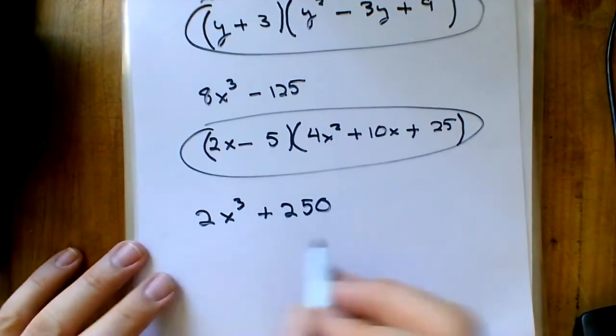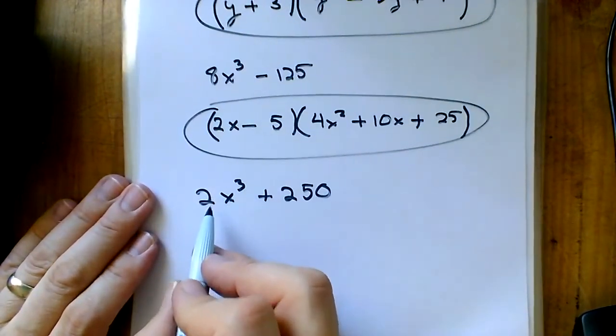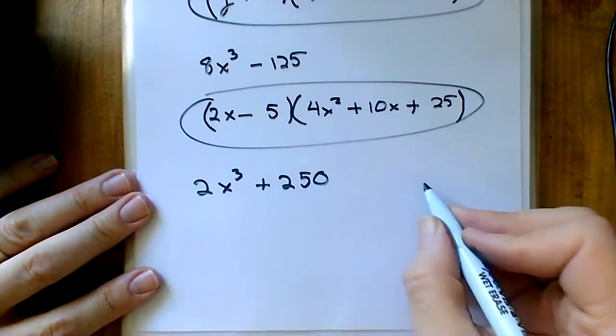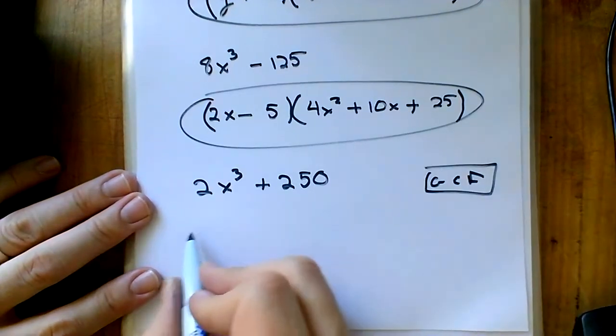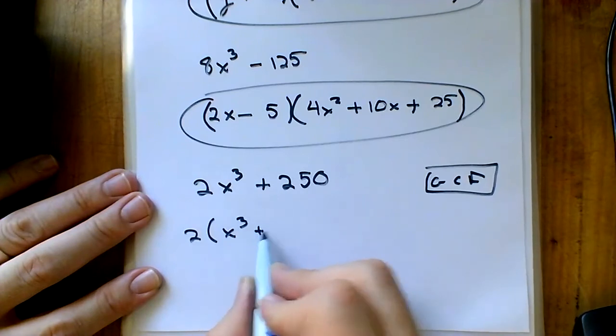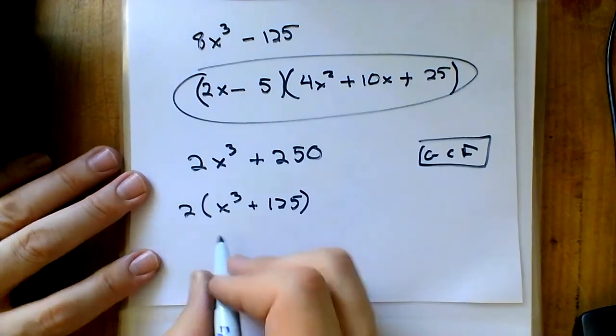That one looks scary. x cubed is a perfect cube, but 2 isn't, and 250 isn't a perfect cube either. But I could factor out a greatest common factor first. If I take out a 2, I'll have x cubed plus 125, and then the rest of that is fairly easy to do.